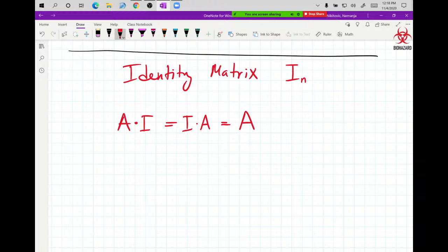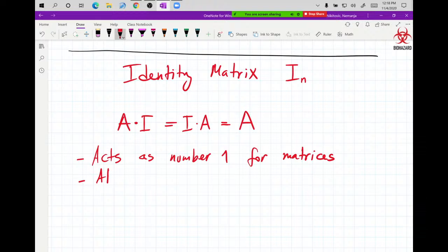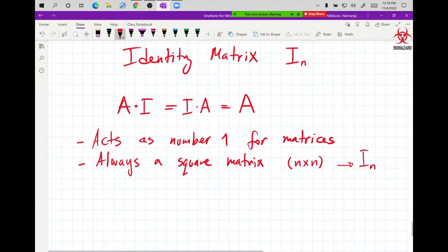So it acts as number 1 for matrices, always a square matrix. That's very important. And then we say n by n, and that's how you get the notation I_N. You don't need to write it twice. You just know if you say I2, it's the identity matrix that is 2 by 2.